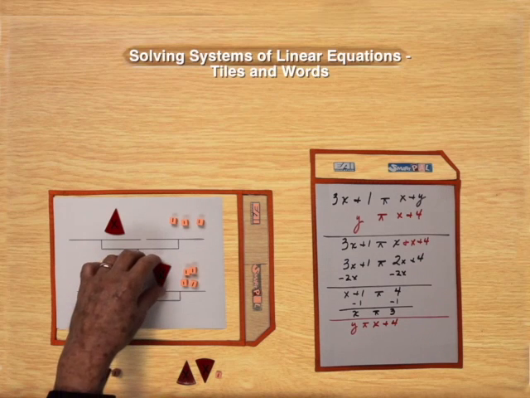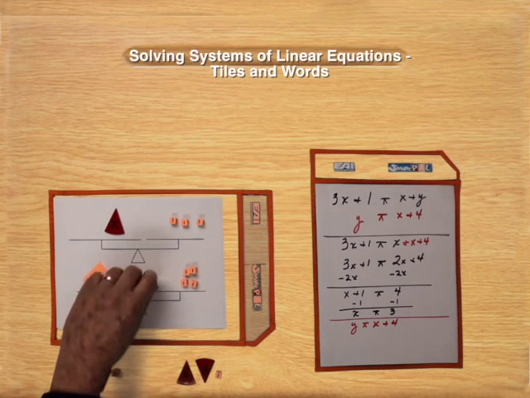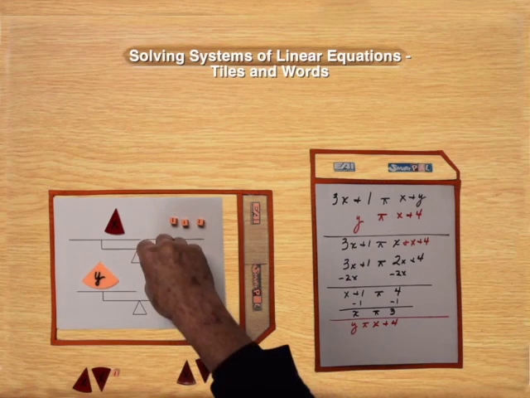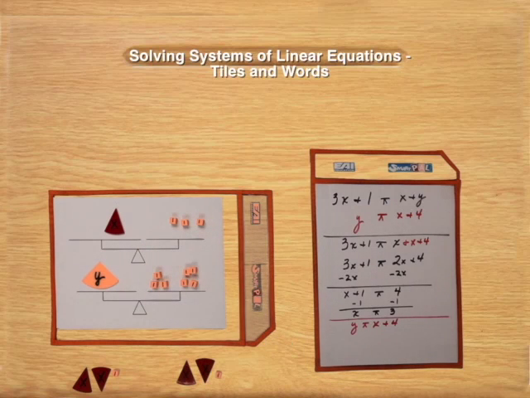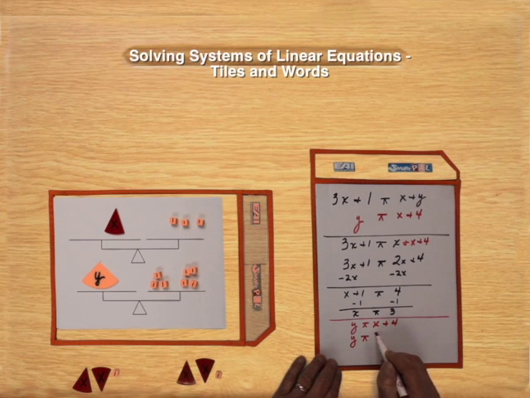So what we can do is we can take this x and substitute for that x 3 ones. And let's record that. So we're taking out the x, and for that x, we're going to substitute 3 ones.